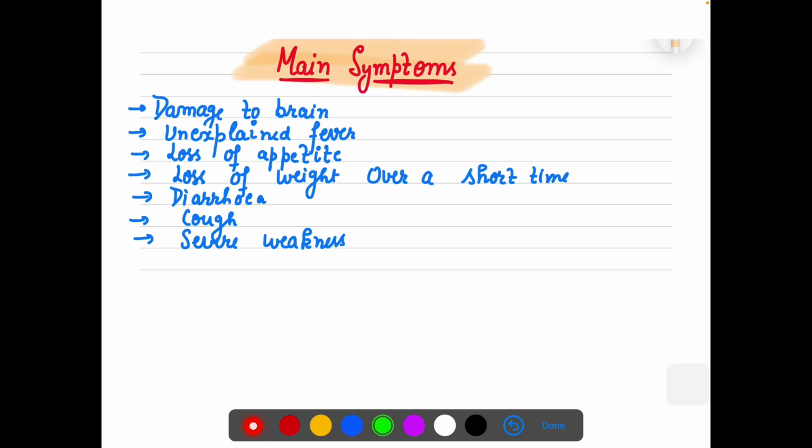The main symptoms which are observed if a person is suffering from HIV: it causes damage to the brain.